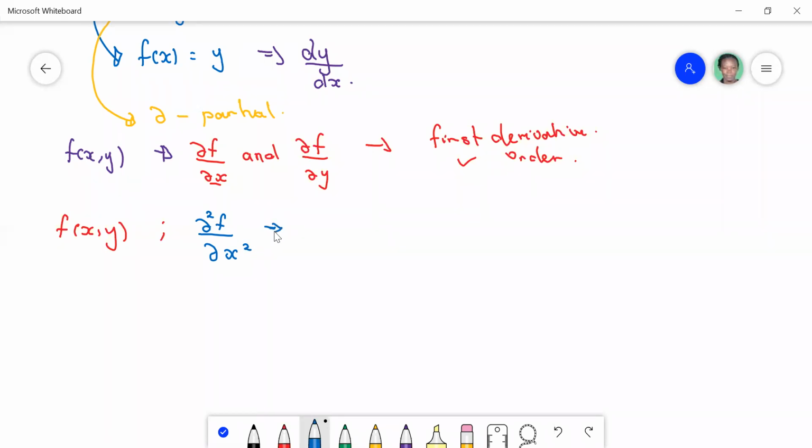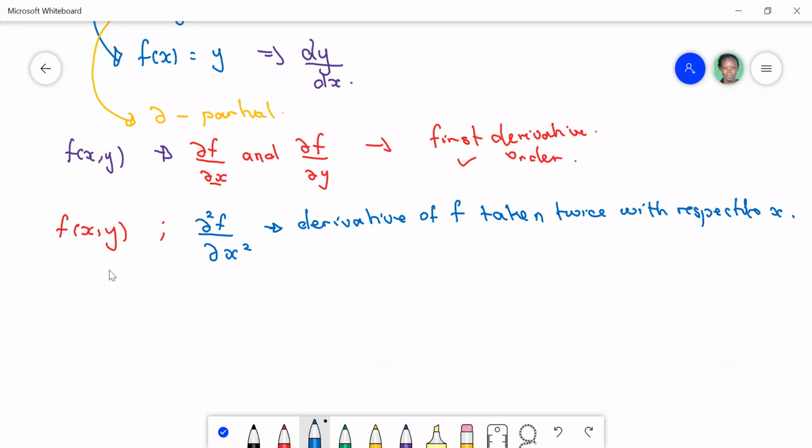What this means is the derivative of f taken twice with respect to x. That is what it means.